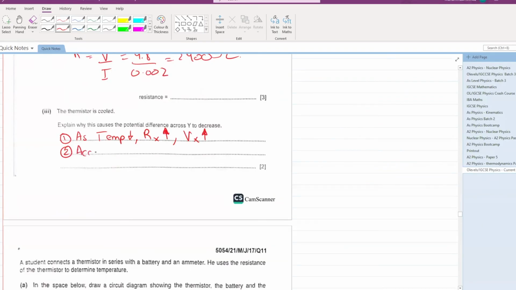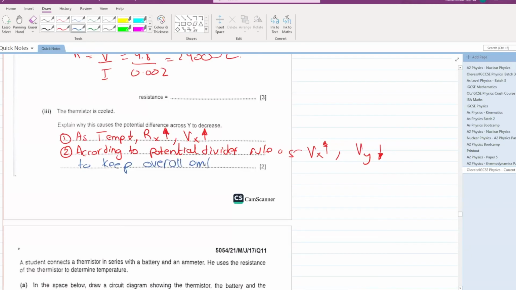Secondly, according to the potential divider rule, as Vx increases, what will happen? Voltage across Y decreases. As Vx increases, Vy must decrease to keep the overall EMF constant. Simple. Let's further move ahead.